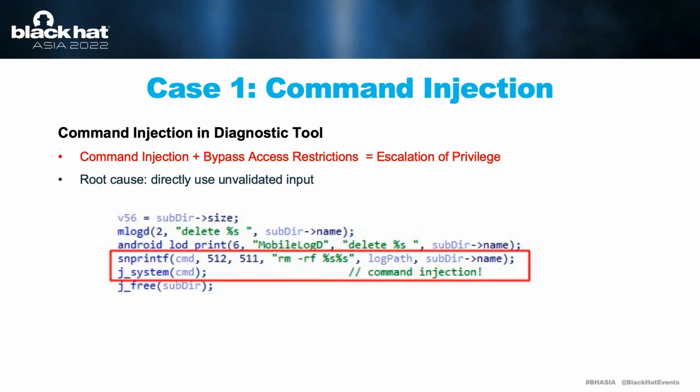Then we know we should be able to write an arbitrary address by sending these integers to the UDS service. However, SELinux blocks the request once again. So we also have to find another attack path to bypass the access restriction.